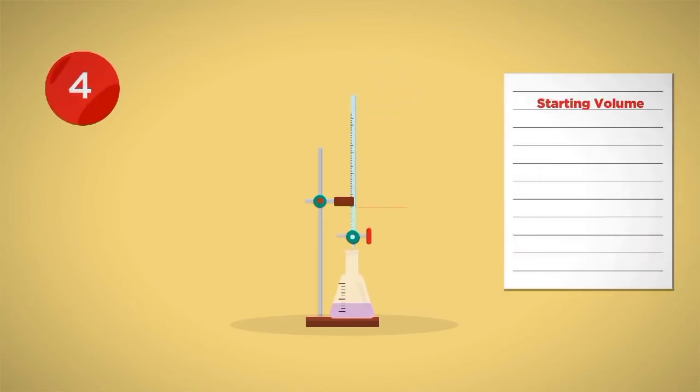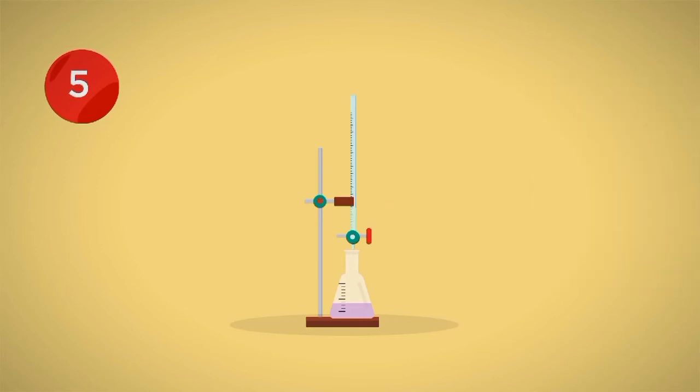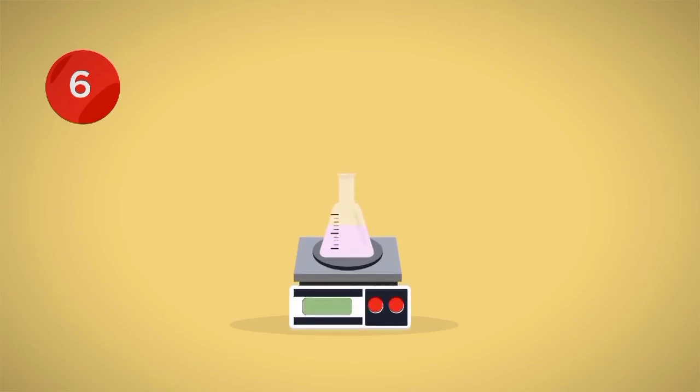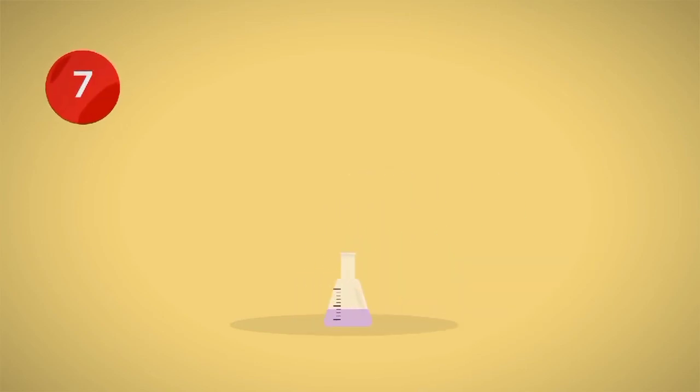Record the starting volume on the burette. 5. Slowly add the solution from the burette to the unknown solution in the conical flask. 6. You may need to swirl the flask to mix or use a stir plate. 7. Stop adding when the reaction is complete and the end point is reached.